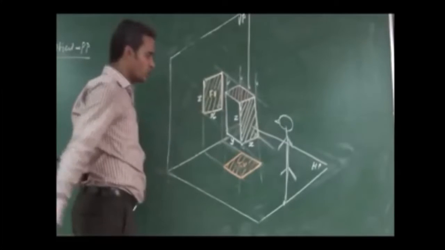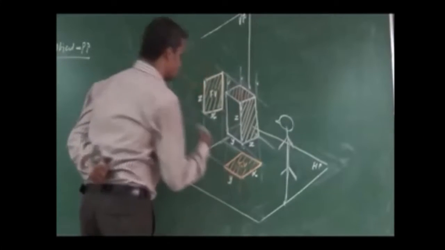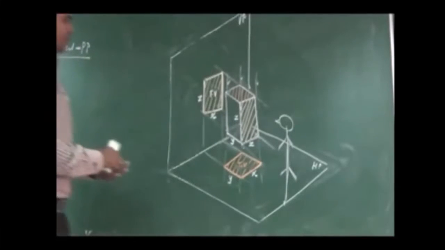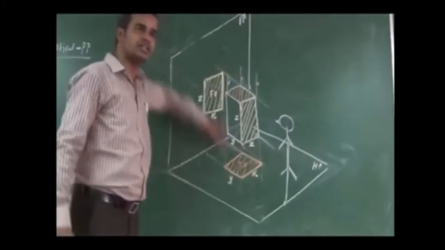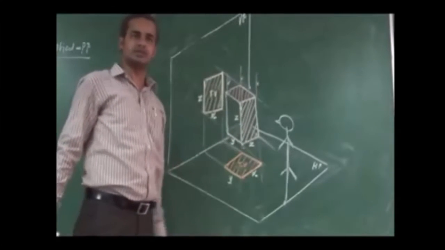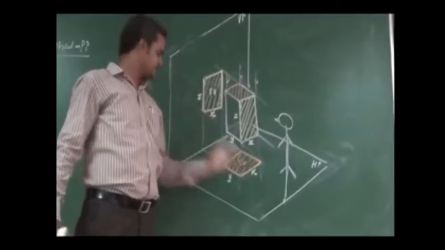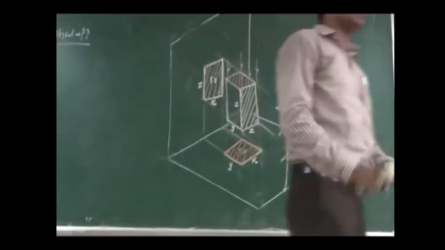The top view will hold the dimension of x and y. See the relation and the link between these two views. These two views, front view and top view, are in line, and the front view length and the top view length will have the same length, x, and the top view and front view heights will vary.